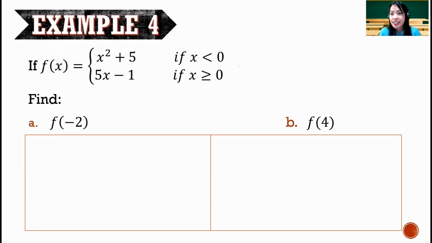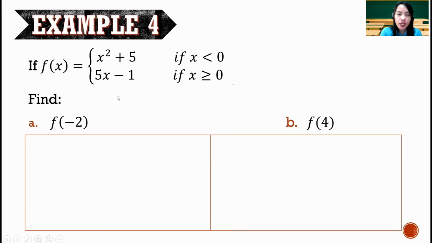Those are negative numbers. What are examples of negative numbers? Negative 1, negative 0.5, negative 3 over 4, negative 5 and 1/2. Those are included in this function, in the first condition.